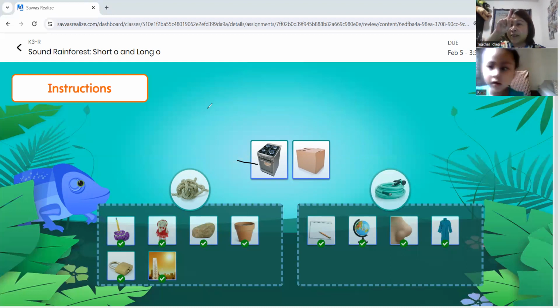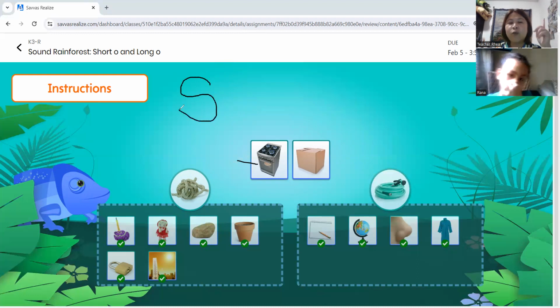What's the first letter? S. Yes. What's the next letter? T. Very good. Next is O. Then V. And what's the last letter?